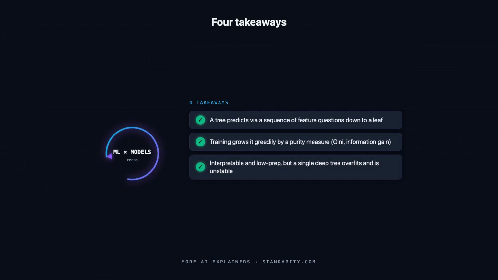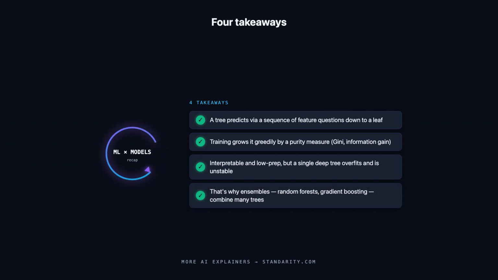Its great strength is interpretability, needing little data prep and handling mixed feature types, but a single deep tree overfits and stays unstable. That very weakness is why ensembles like random forests and gradient boosting combine many trees.